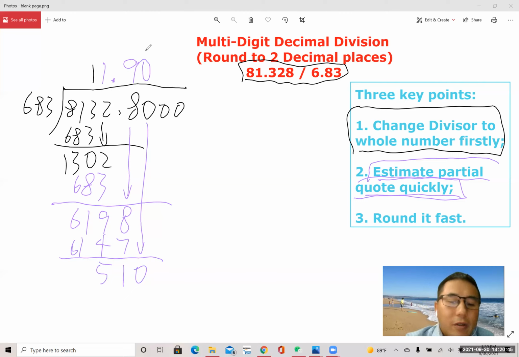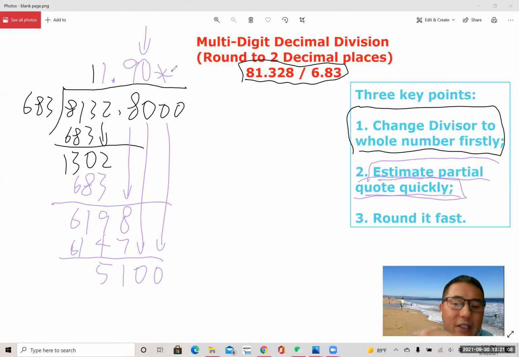So we'll round to here. But in order to decide if we'll round up or round down, we need to know what the next number is. So if we want to decide it, we can let this 0 go down.